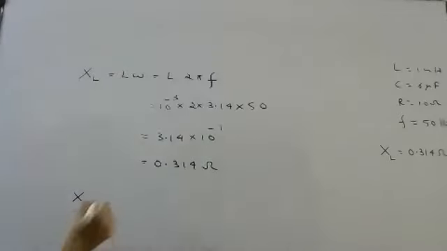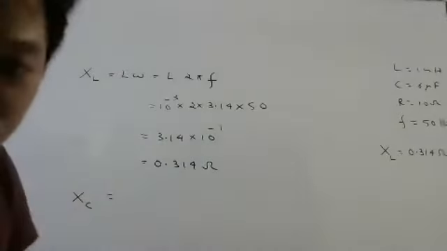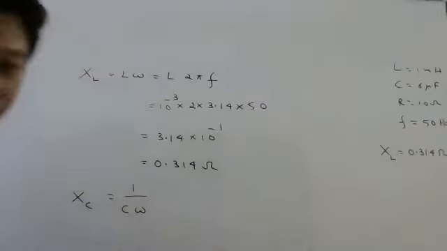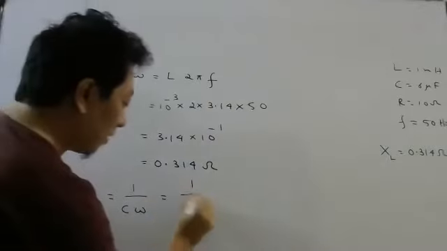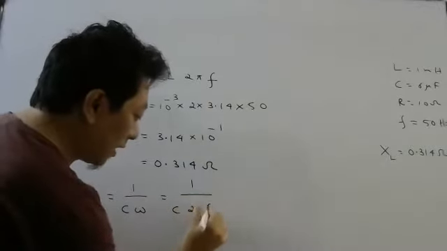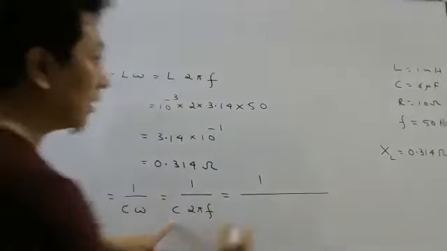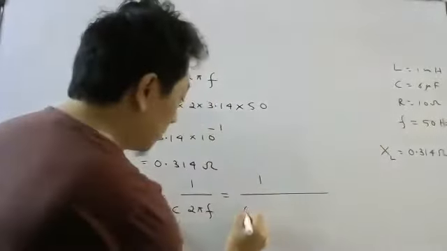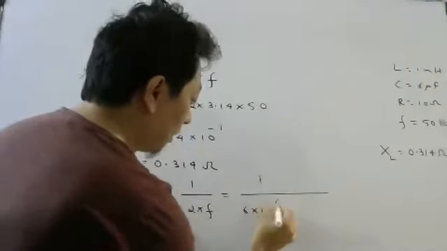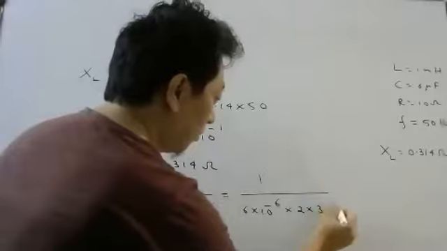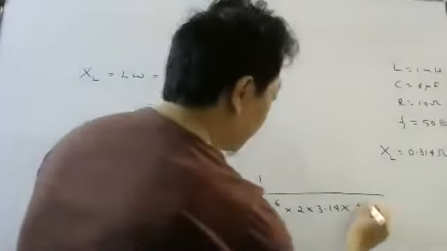This will be little tricky because it will be in the denominator, right? So what is the formula for this? 1 by C omega. So it is equal to 1 by C into 2 pi F. Then you have to put values. Now C is given 6 microfarad. So 6 into 10 power minus 6, 2 into 3.14 into frequency is 50 hertz.